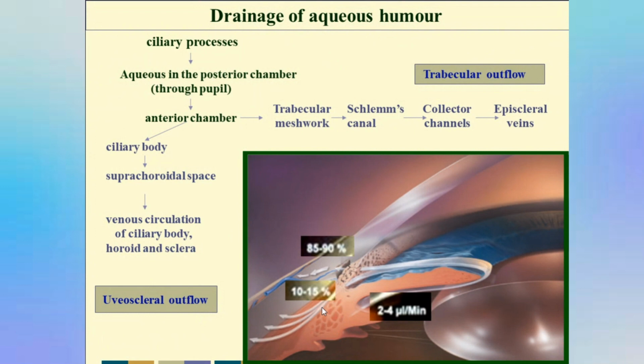Usually, more than 80% of the aqueous humor goes through trabecular outflow, and just nearly 20% goes through uveoscleral outflow.